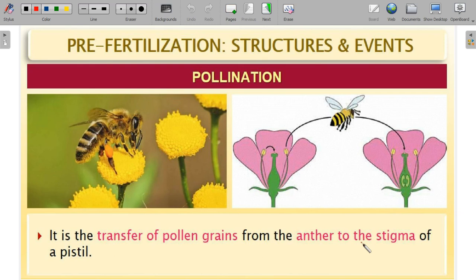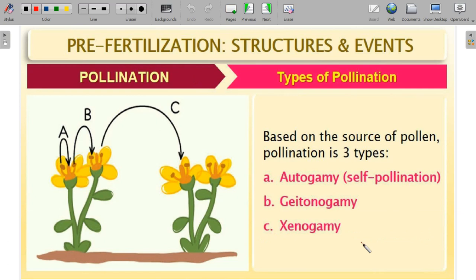This is called pollination. In lower classes, we have learned about pollination, where we have three important types. It is not a basic idea; some in-depth knowledge we are also going to have a look at here. Autogamy, self. Geitonogamy, xenogamy, cross. That means autogamy means self-pollination, then geitonogamy and xenogamy.